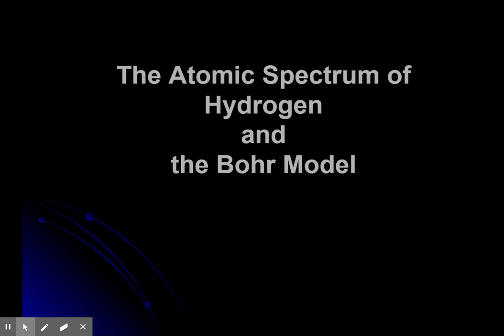But it works for hydrogen still to this day. Now, Bohr decided to use hydrogen because it was a very simple atom. It has one proton and one electron, so we don't have to worry about the other ones involved there. And he made some very interesting discoveries in looking at hydrogen through a spectroscope.